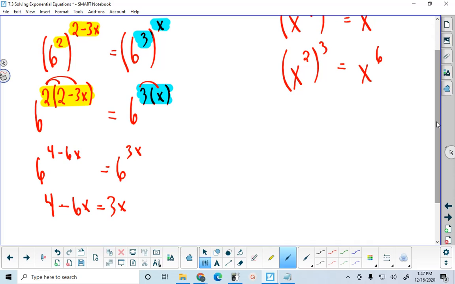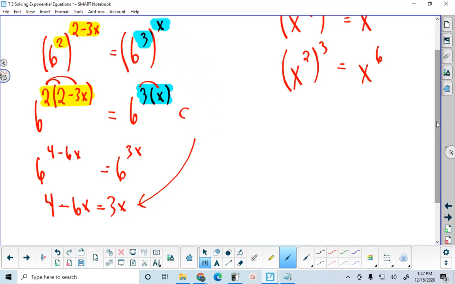I think, everybody, if you go from here to here, I think that's a bad idea. I think it's a bad idea because it opens up room for you to make mistakes. But I believe on a written response, you need to show what's happening.